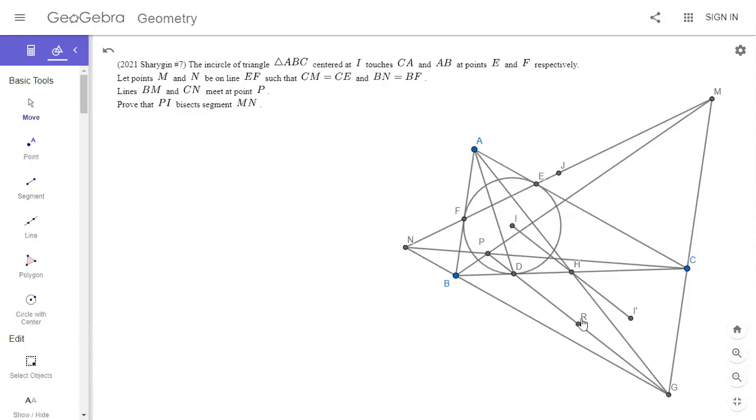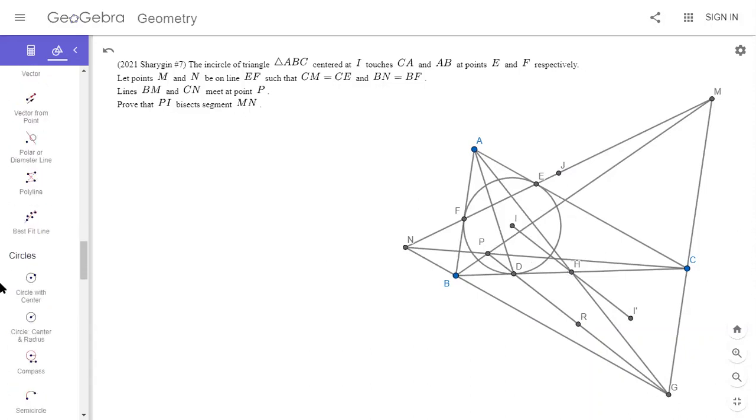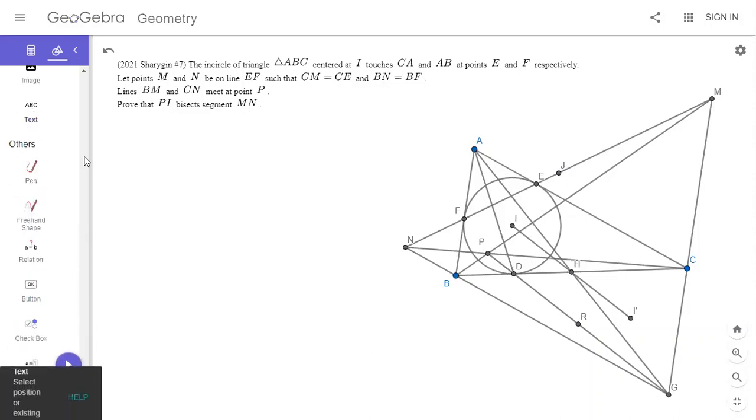Okay, so yeah, I think the Gauss line is really what makes this proof tick. I think that's really the key in many ways to getting this to work.